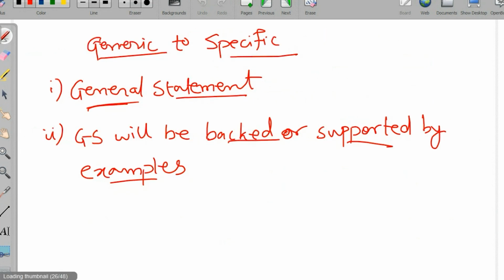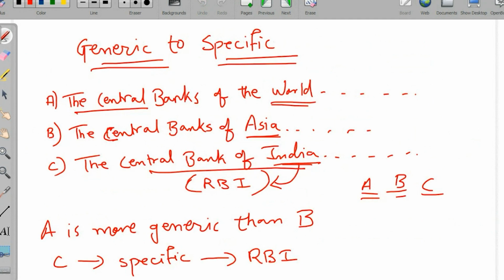Okay. So I'll again tell you the two different ways. The first one is pretty simple. The first type of generic to specific is that it is talking about the central banks of the world, then it is talking about Asia, and then it is talking about RBI. So A, B, C. This is pretty simple.